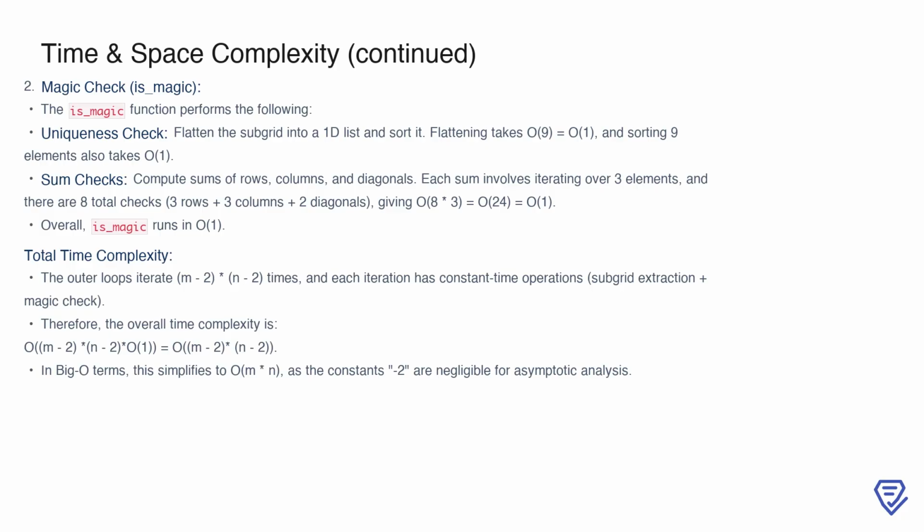Each of these checks processes exactly 3 elements, and since there are 8 checks in total, the time required is constant at O(1). Therefore, the is_magic function runs in O(1) time for any given subgrid. Combining this with the outer loops, where each iteration involves constant time operations, the overall time complexity becomes O((m-2) * (n-2) * 1). Simplifying further, we arrive at O(m*n), ignoring constants for asymptotic analysis.